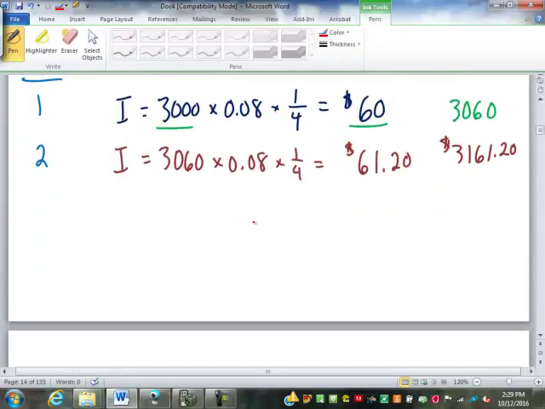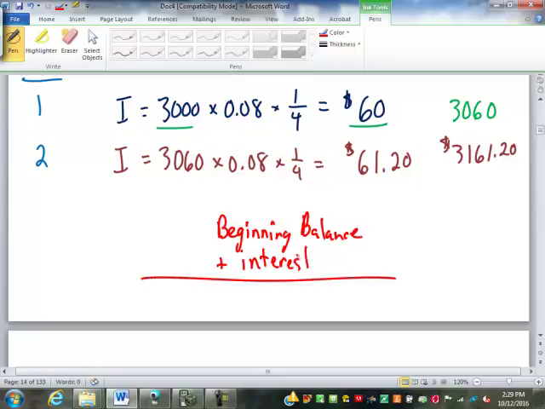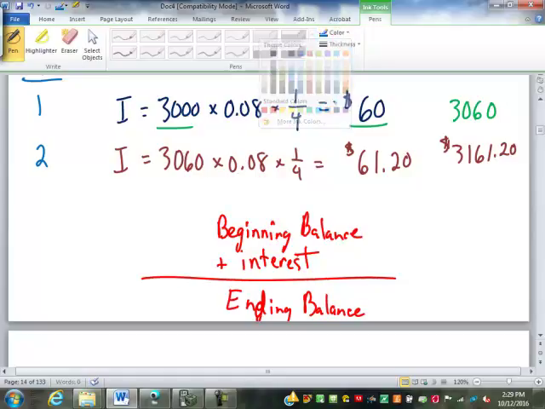Each quarter, I start out with a beginning balance. And to that balance, I add interest to it to end up with an ending balance. So if my beginning balance is 100%, the interest is not 8% because we're only figuring out 1/4's worth of interest.